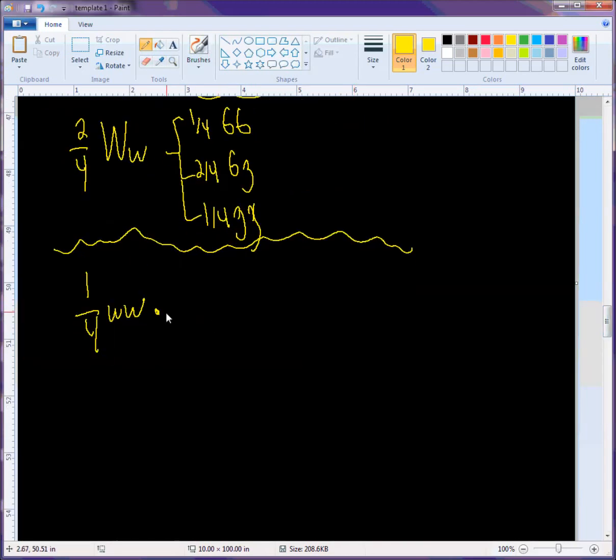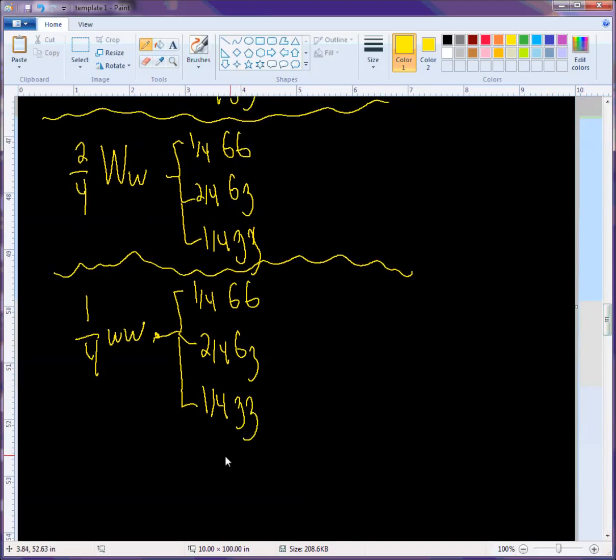So let's look. Same thing for these down here: 1/4, two big G's; 2/4, big G, little g; and 1/4, two little g's. And this concept right here is sort of the next step.